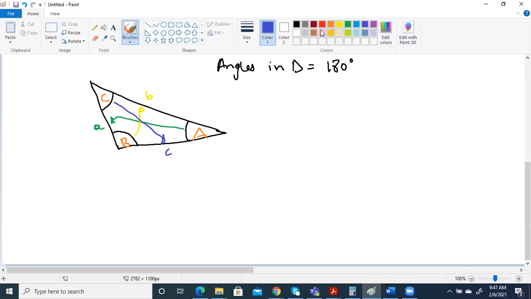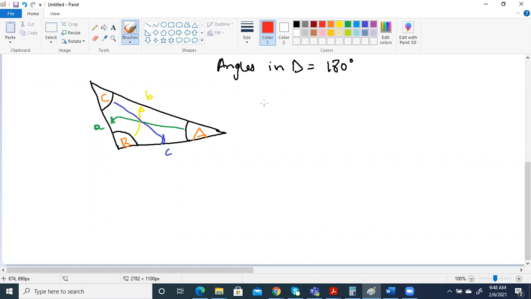So in effect, the sine and the cosine rule has to do with relationships between the angles and their opposite side, right? So that's what we have here.